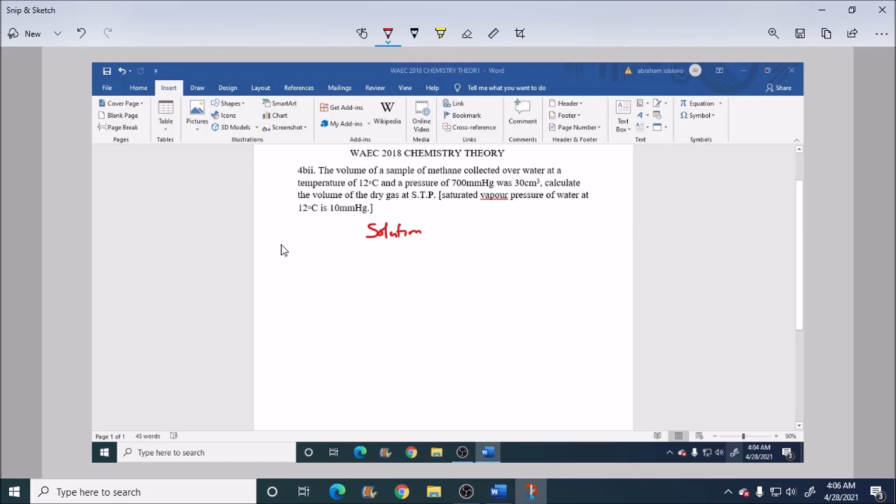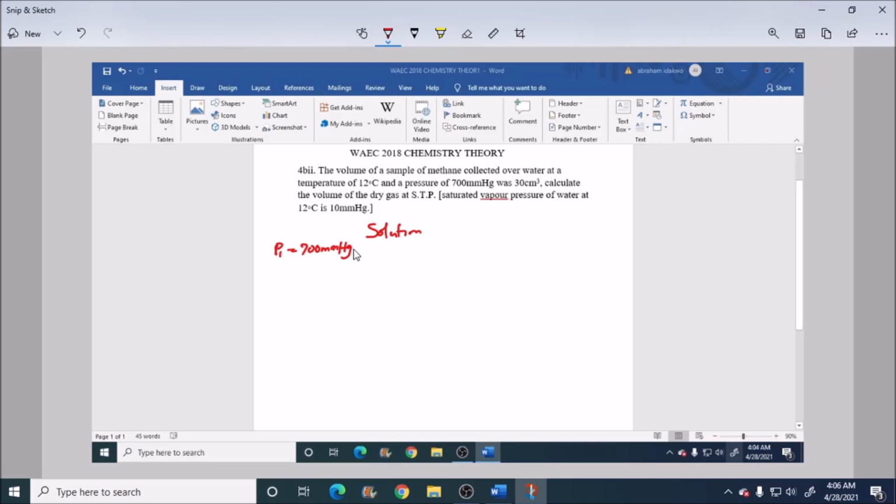Then from the question given above, our pressure P1 is equal to 700 millimeter mercury, because we are given that the volume of a sample of methane collected over water vapor at a temperature of 12 degrees C and a pressure of 700 mm mercury was 30 cm cube.